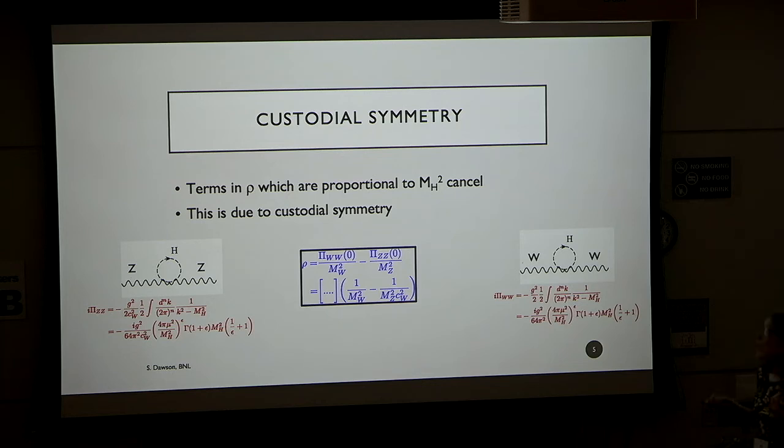And they cancel because of this relationship that m_W squared is m_Z squared cos squared theta_W in the standard model. So this is actually a consequence of the way the model is structured. We don't get these terms which are m_H squared. We only get the logarithmic terms that remain. So that tells me that these precision observables are not that sensitive to the Higgs mass, because it's log m_H.